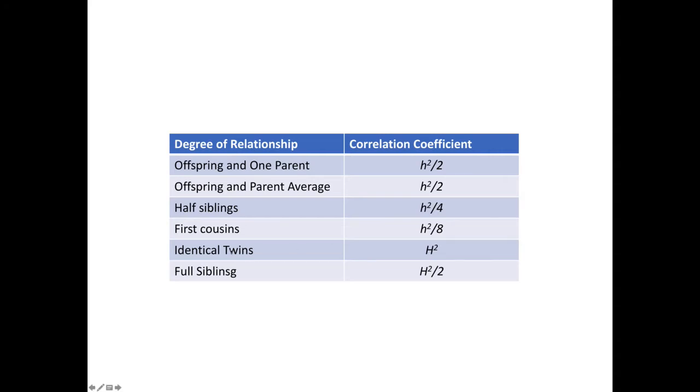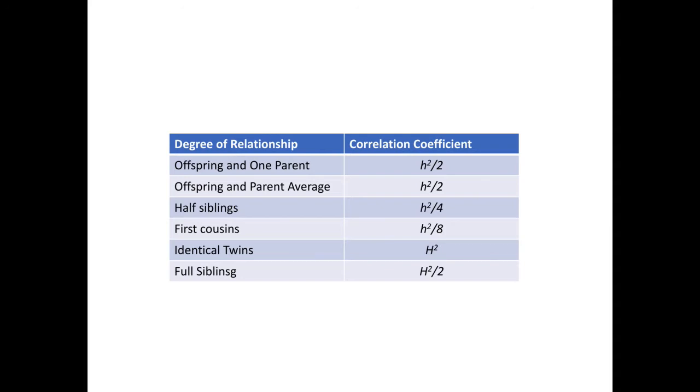And you can see for identical twins, the correlation coefficient, as we said before, is in fact equal to broad sense heritability. Okay, so obviously as the degree of relatedness goes down, one has to divide by a greater and greater factor to recapitulate the correlation coefficient.